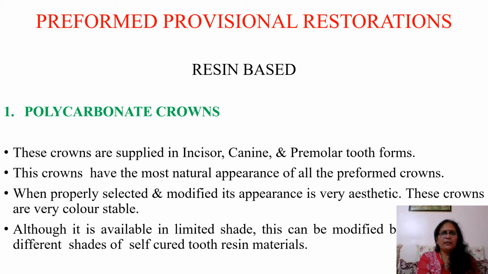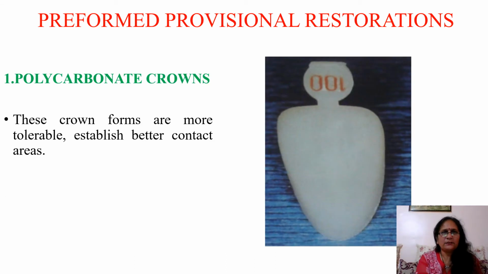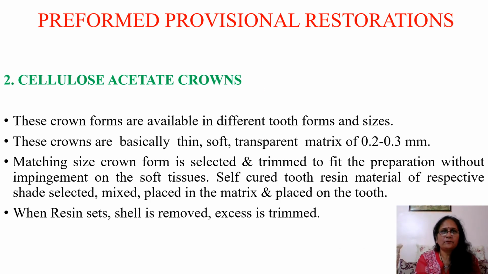Although they are available in limited shades, this can be overcome, as they can be modified by relining with different shades of self-cured tooth resin materials. Polycarbonate crowns, these crown forms are more tolerable, and establish better contact areas.